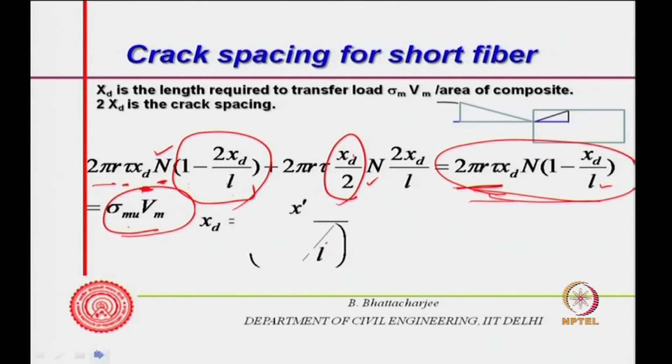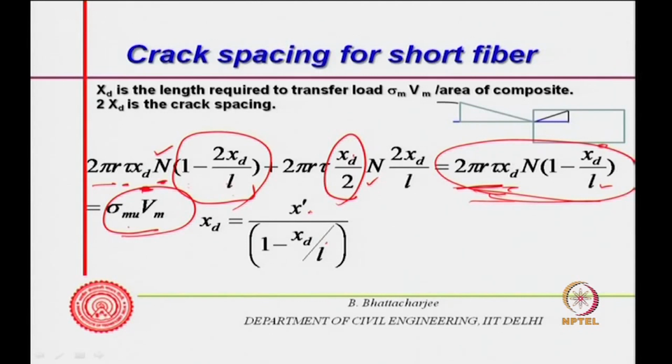So, this will be an equation, and from this equation, if I try to arrive at x d, it will be a quadratic equation in x d. So, x d can be written in something like this form.